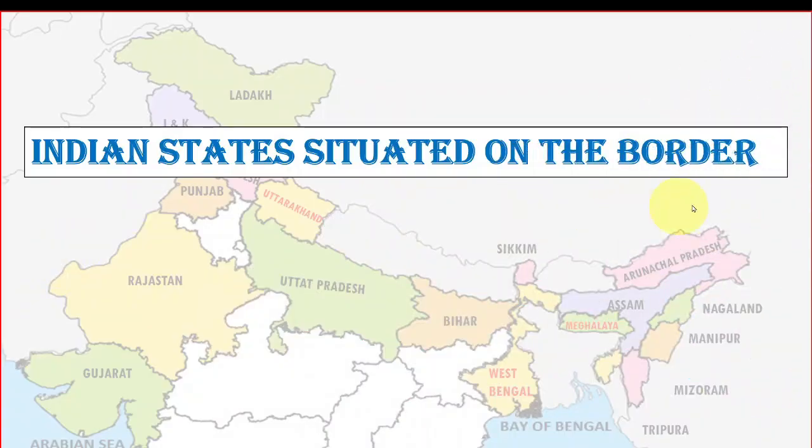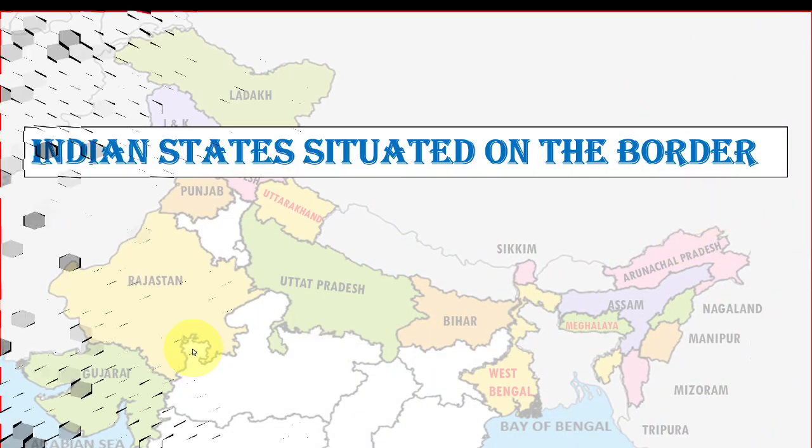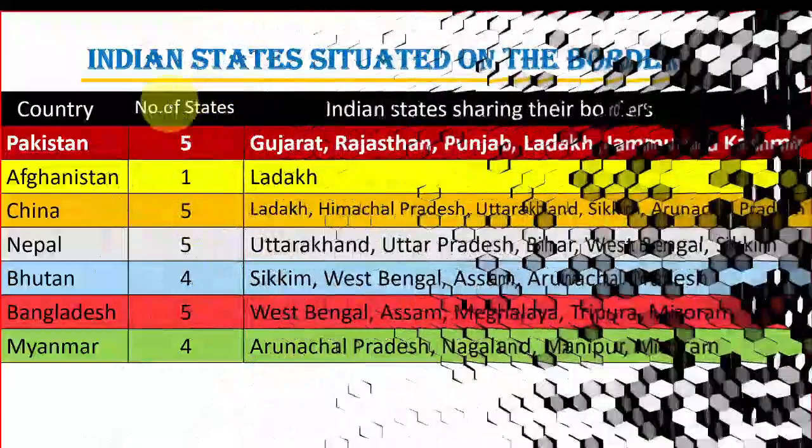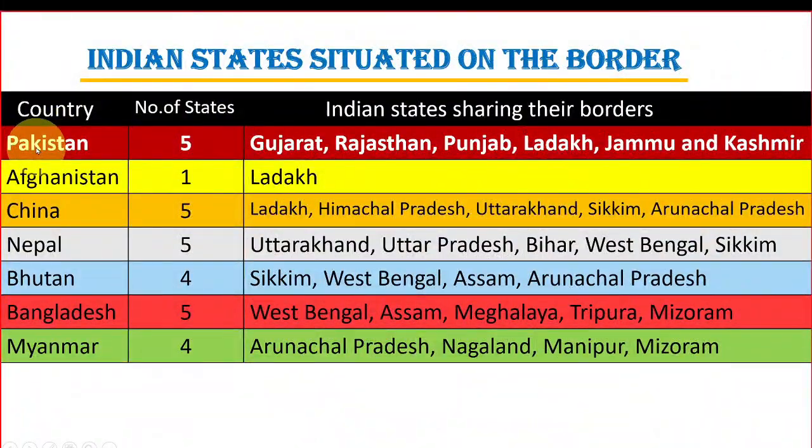Indian states situated on the border. With Pakistan, India's 5 states have a common border: Gujarat, Rajasthan, Punjab, Ladakh, and Jammu and Kashmir UT. With Afghanistan, only one state shares a border, that is Ladakh UT.